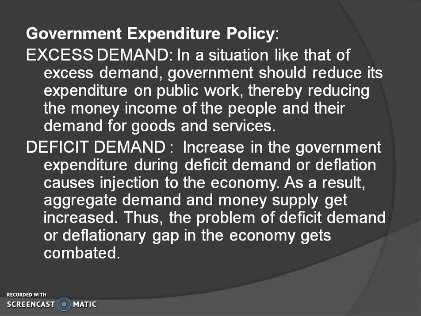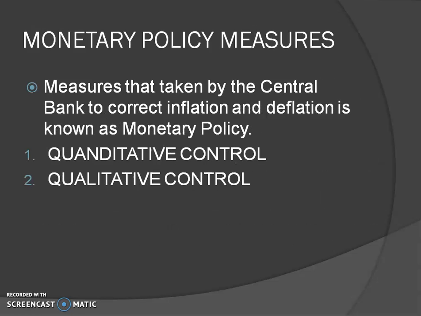So these are the fiscal policies to correct excess demand. The government expenditure and also taxation policy are taken by government to correct excess and deficit demand in the economy. Then the next is monetary policy measures.